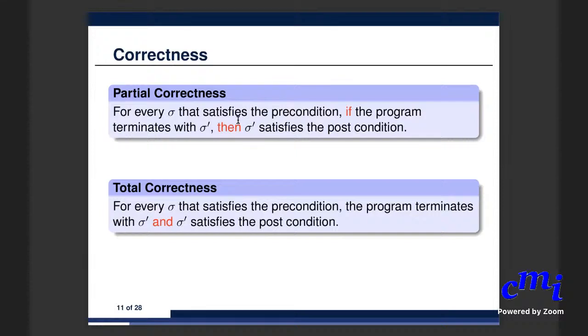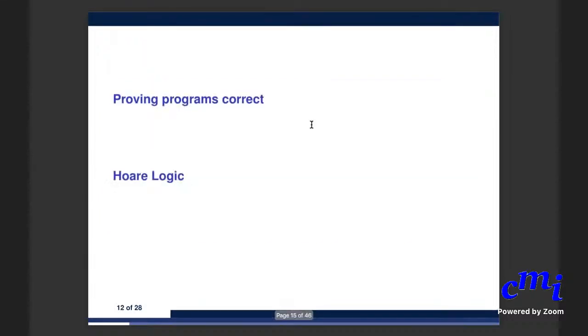If it terminates, then you expect the post condition to be true. Total correctness requires that for every precondition, the program terminates as well. For the time being, we will concern ourselves with partial correctness, and this logic will be for partial correctness.